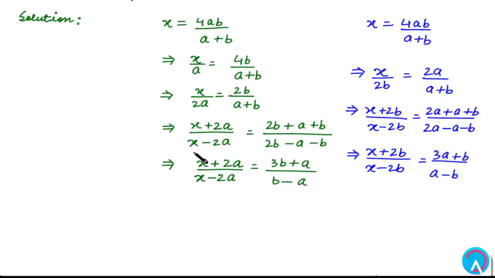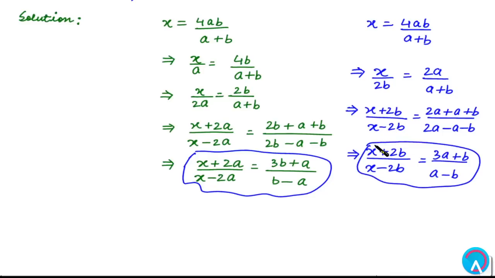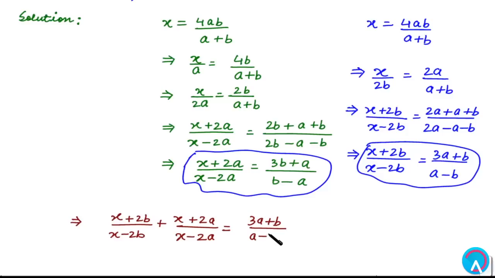So we have obtained, one is this equation and second is this equation. If we add the two, on adding the two we will have x plus 2b by x minus 2b plus x plus 2a over x minus 2a equal to 3a plus b over a minus b.